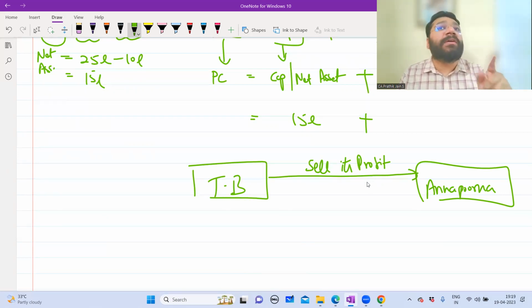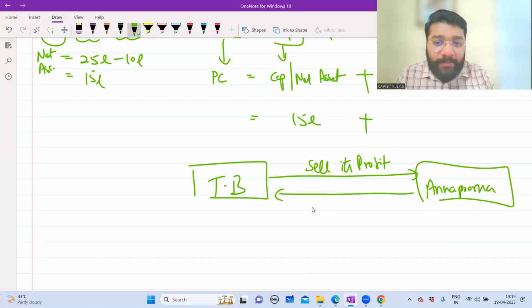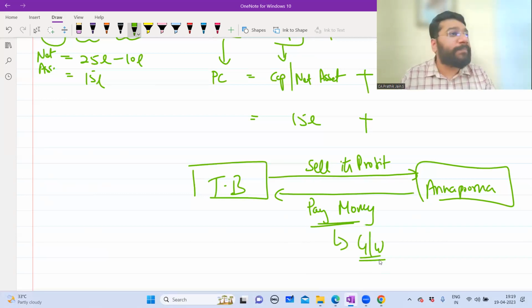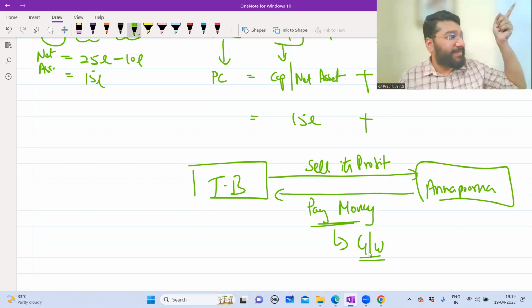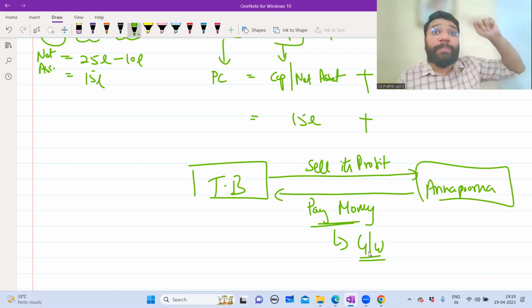When you buy something, in return, what are you supposed to pay? Money. So Annapurna will pay money. And this money you pay is technically termed as goodwill. So goodwill is what you are paying for buying profits. Which profits? Future profits.